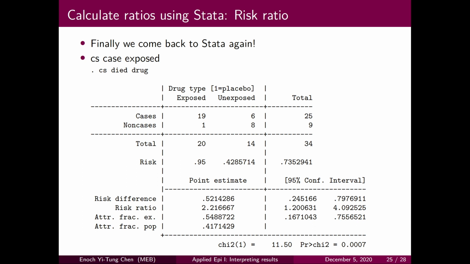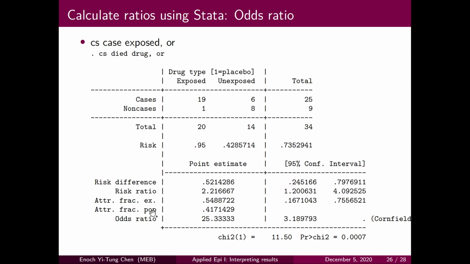Then you can see a calculated risk for you. You can easily see the risk difference and the risk ratio here. If you want to have odds ratio, that's also quite easy to call. You just have to add or. Then in the output, you will obtain the odds ratio as well.